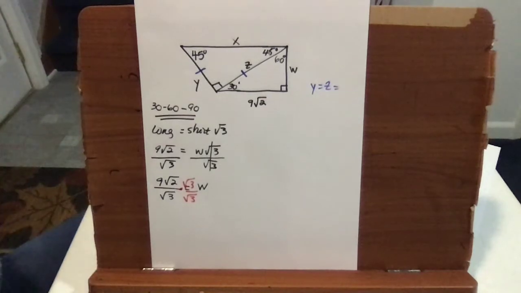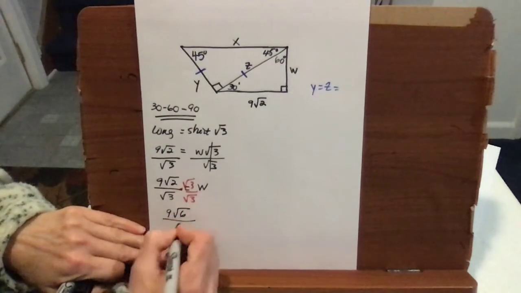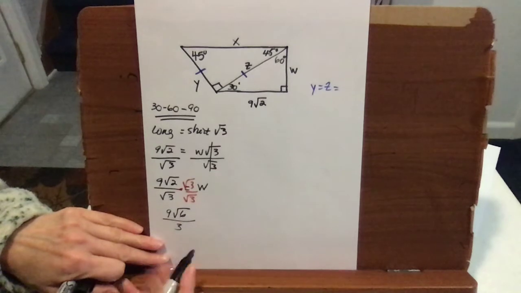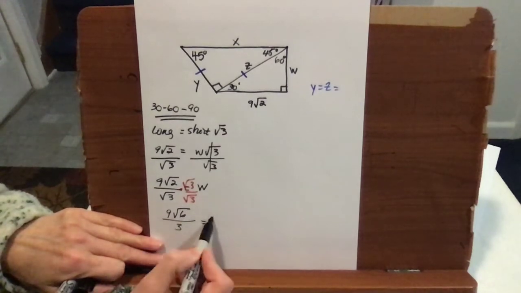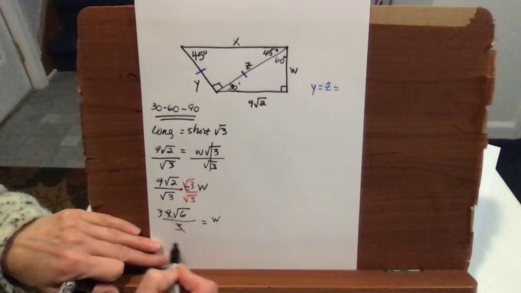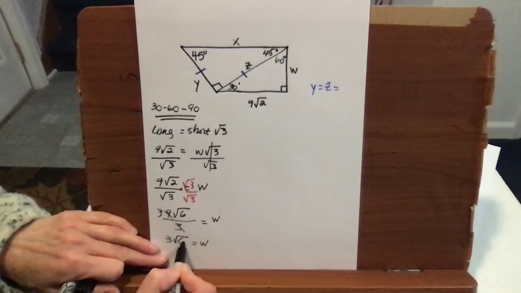This is going to give us 9 root 6 over root 3 times root 3, which is root 9, so it comes out as 3. Now 9 and 3 are outside the radical, so we can divide them. So our final answer for w, which is our short leg, is 3 root 6.